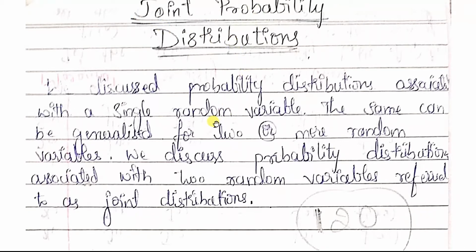So when you have more than one random variable, that is two or more random variables, then joint probability distribution will come into existence.